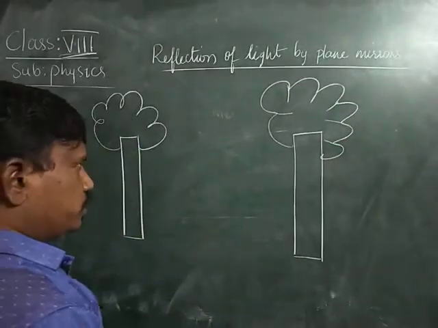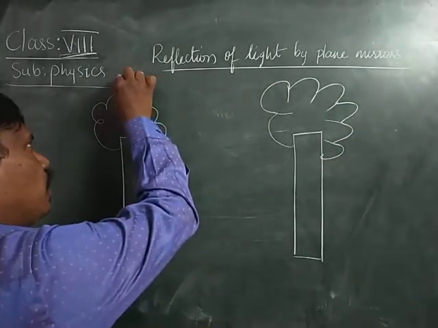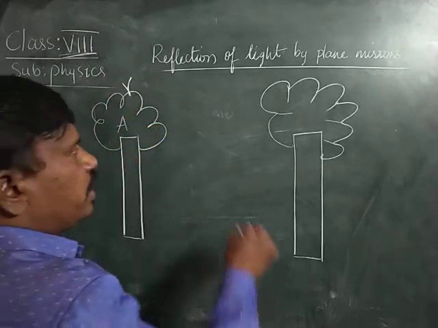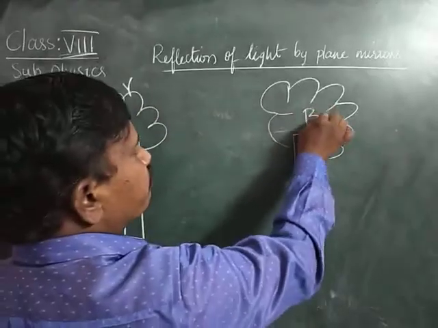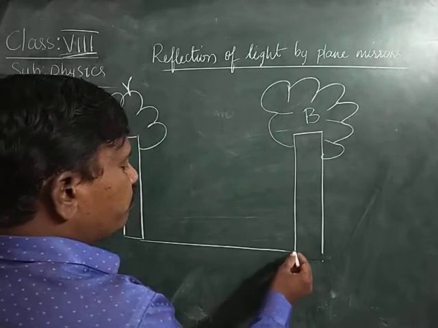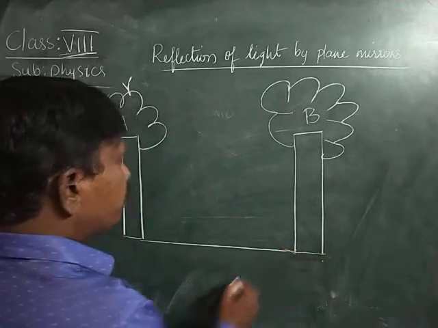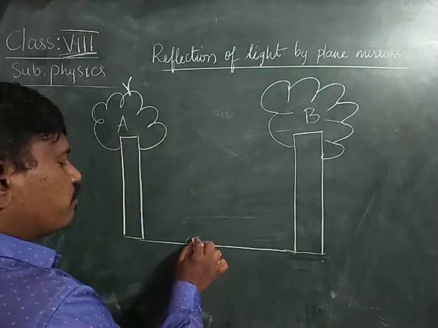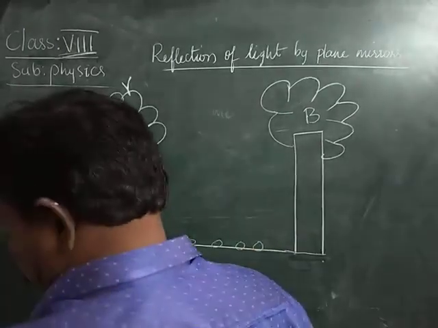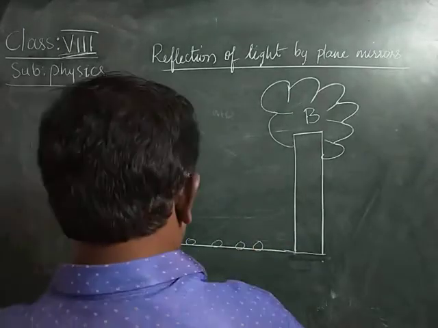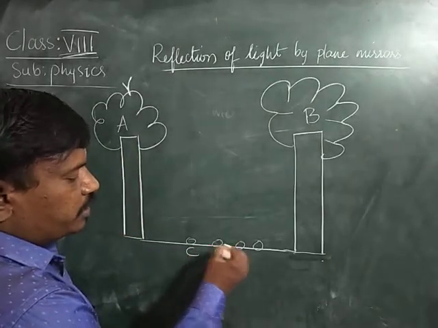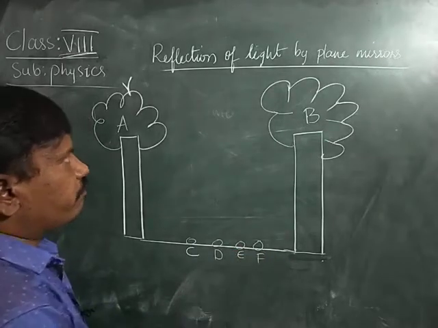A crow was there on tree A, and it should reach tree B. Before reaching tree B, there are some grains on the floor, okay, children? I am representing them with C, D, E, F.